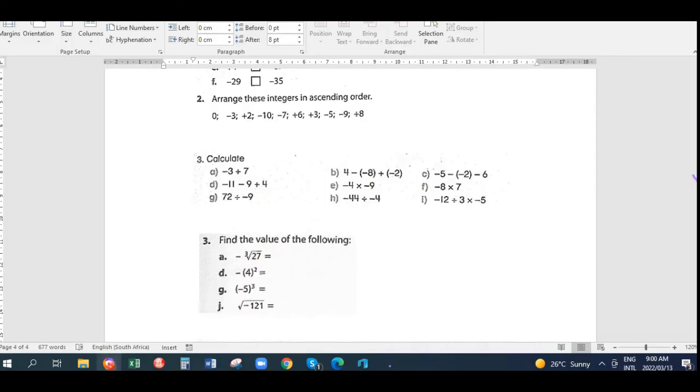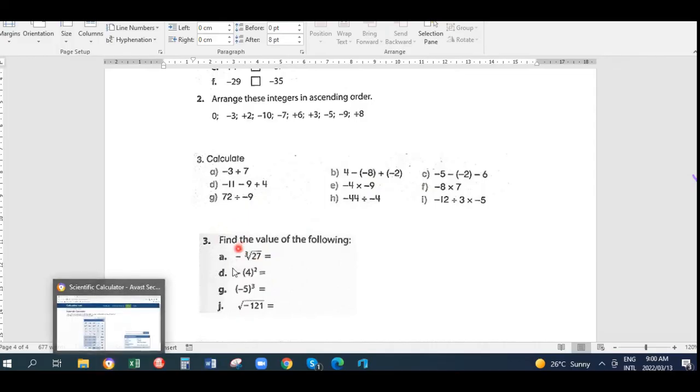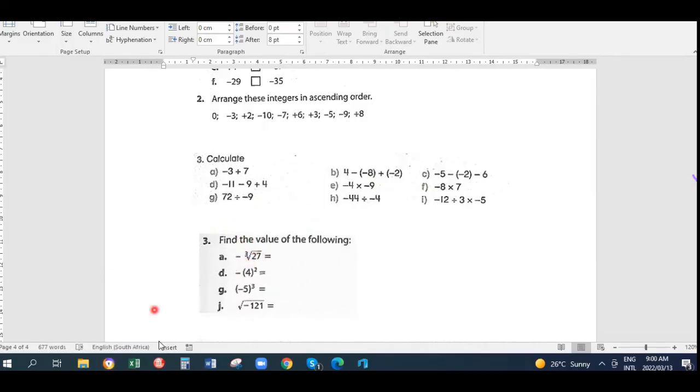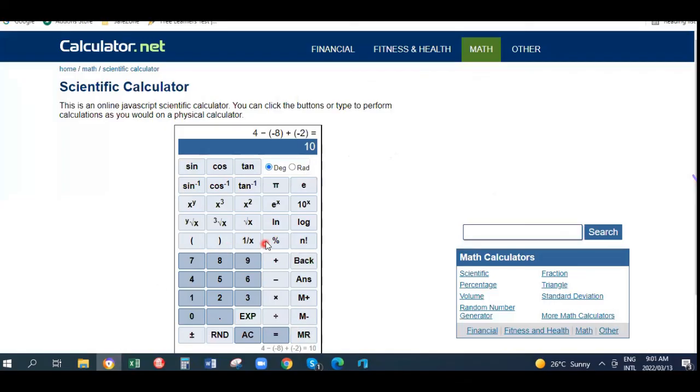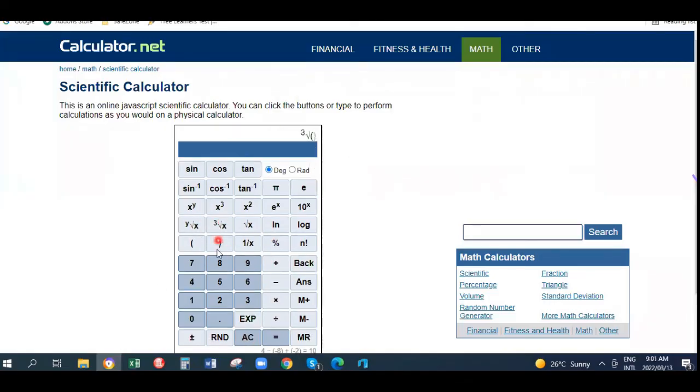So we're looking at the calculator. The negative sign is outside, so you only find the cube root of a positive 27. Here we have the cube root of 27, and there's the answer. The cube root of 27 is 3.